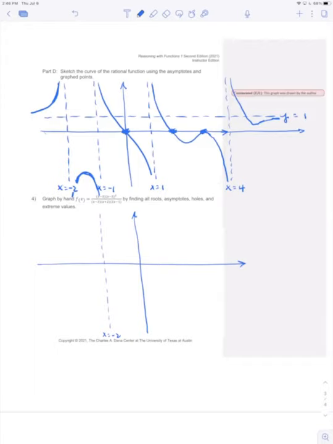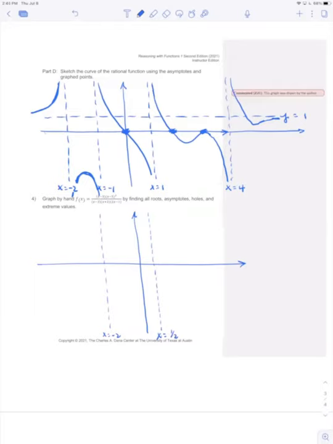It's going to give us a vertical asymptote at 1/2. There we go. So negative 2.5. And there we go.